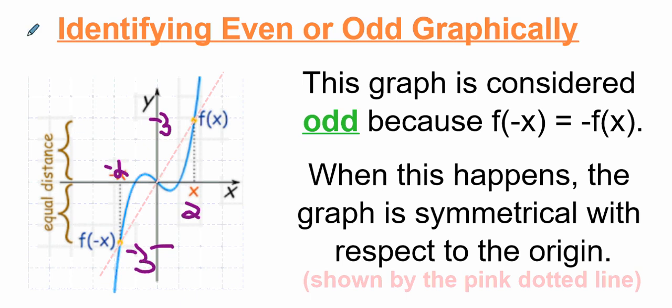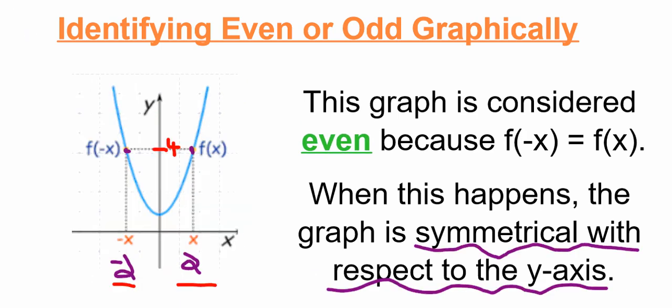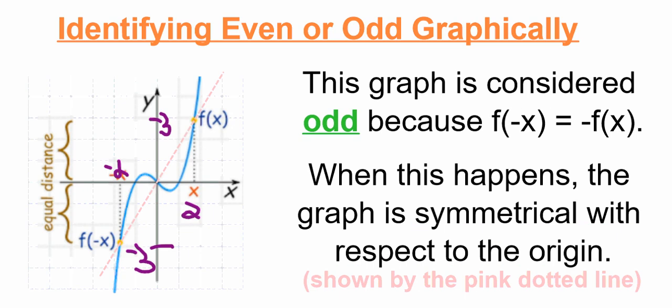I don't know if I said this. I'm going to go back real quickly. Even graphs are always symmetrical with respect to the y-axis. And so here with odd graphs, they're always symmetrical with respect to the origin. And I know that's a weird thing because if looking at the graph, that dotted pink line explains what I'm talking about.